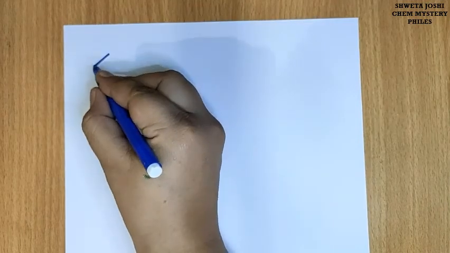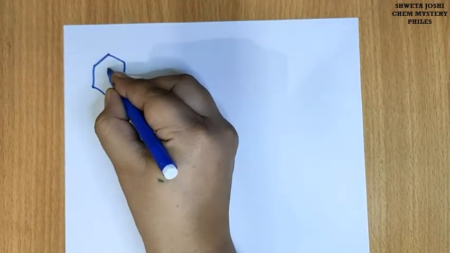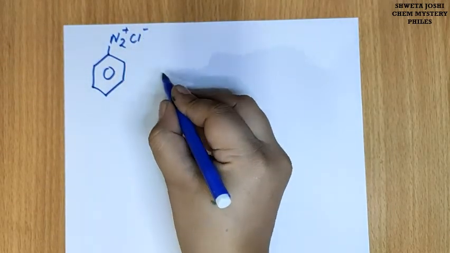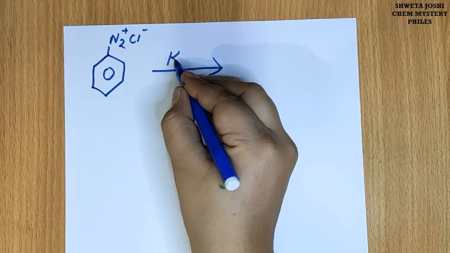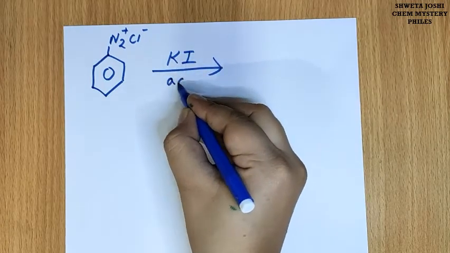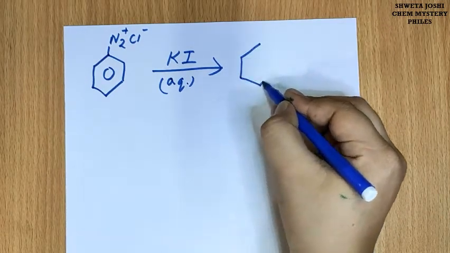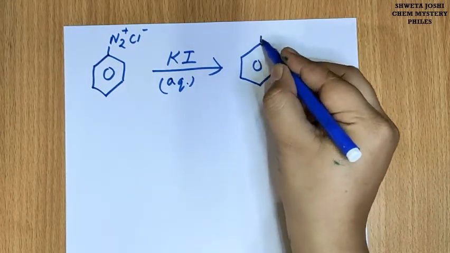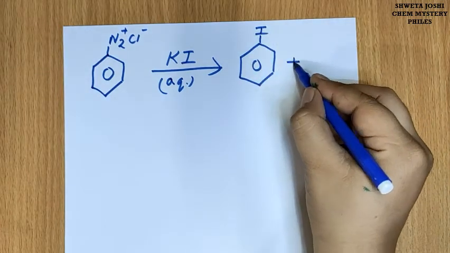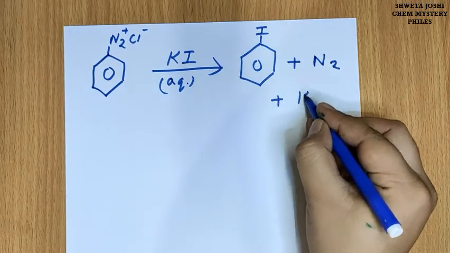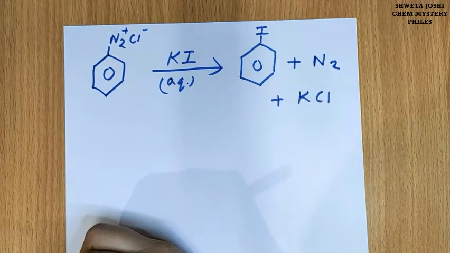For the preparation of iodobenzene from benzene diazonium chloride, we can simply take benzene diazonium chloride and react that with potassium iodide. We have to take its aqueous solution, and there will be formation of iodobenzene, and N2 and KCl will be removed in this reaction.